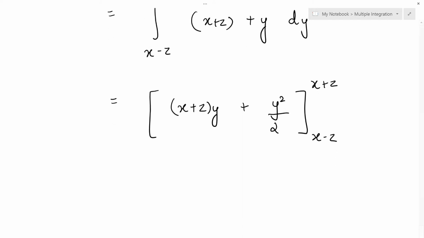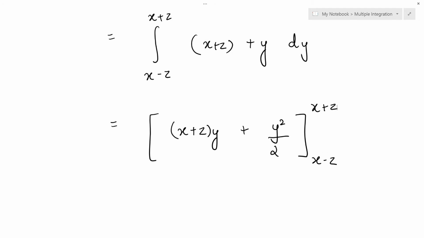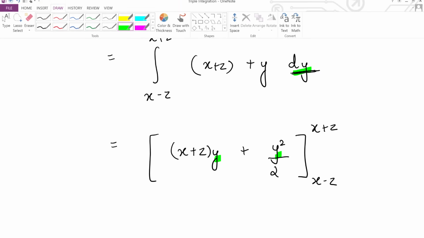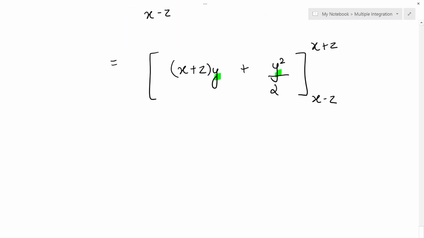Fine. Now if you get confused about what to substitute in the limits, go the reverse way. I have integrated with respect to y, so I will substitute the upper limit and lower limit only in y. So let us substitute the limits.